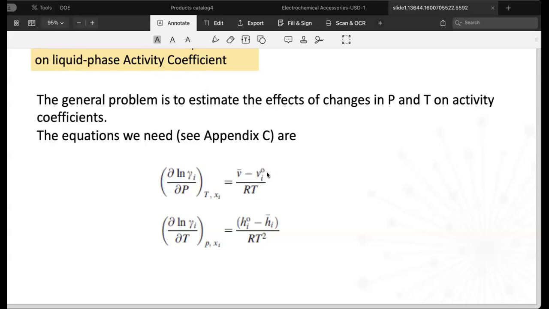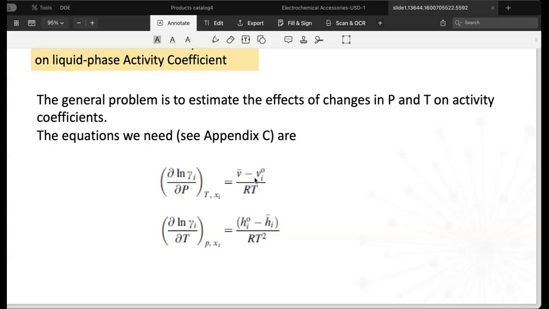If we know the volume change when we mix A and B together, we can estimate it. We can approximate that the gamma doesn't change when P changes if the volume change is 0.